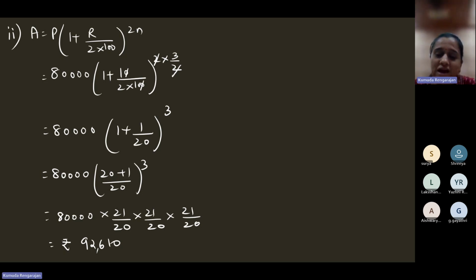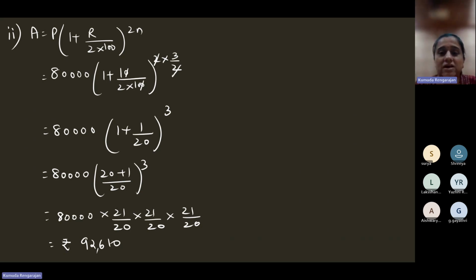So supposing you take a loan from the bank where interest is calculated quarterly, every 3 months, your principal money is taken and interest is calculated. So in that case, there also interest will be more, right?